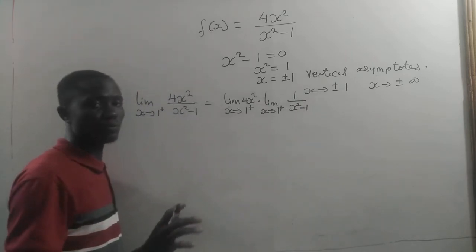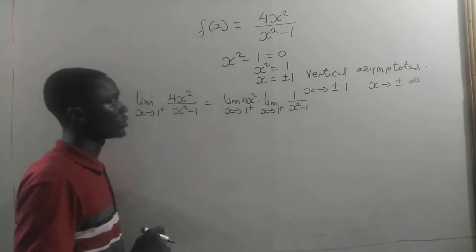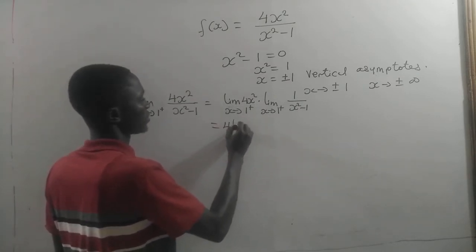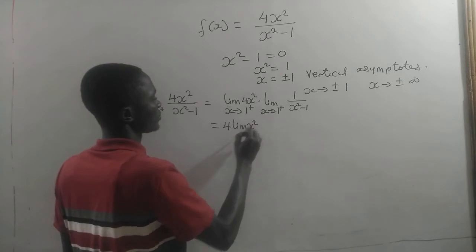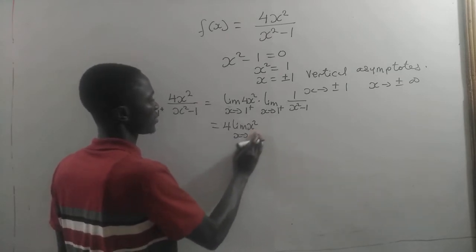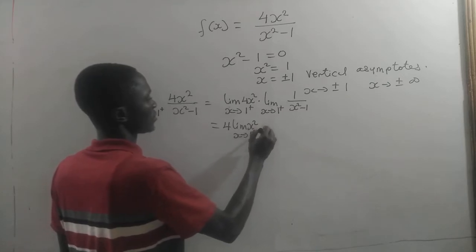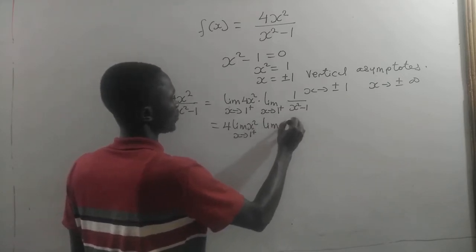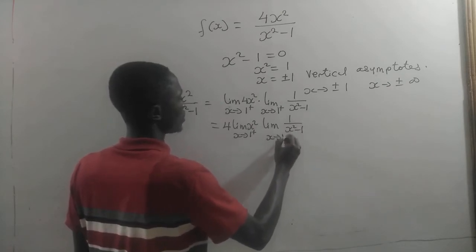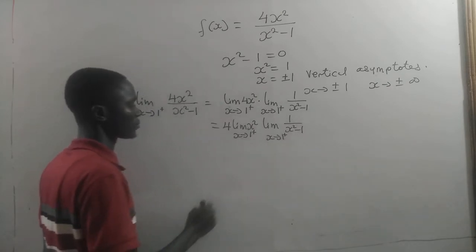That is, we are using the product rule. So this will give us 4 times the limit of x squared as x approaches positive 1 from the right times the limit of 1 divided by x squared minus 1 as x approaches positive 1 from the right.